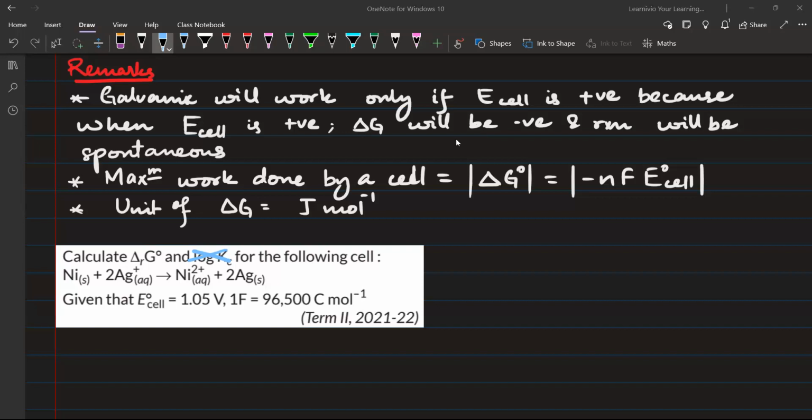Yes Rishita, I think that is correct. Very good. But that is the delta G. If they ask the maximum work, then what will happen, Harsha? If they ask the maximum work, then what will we do?